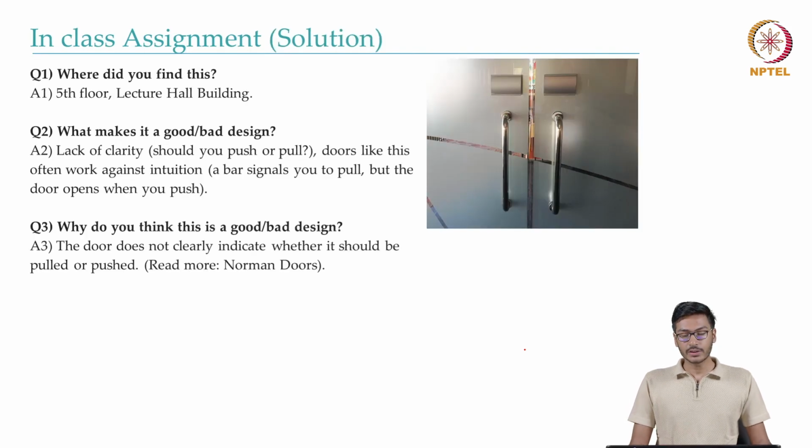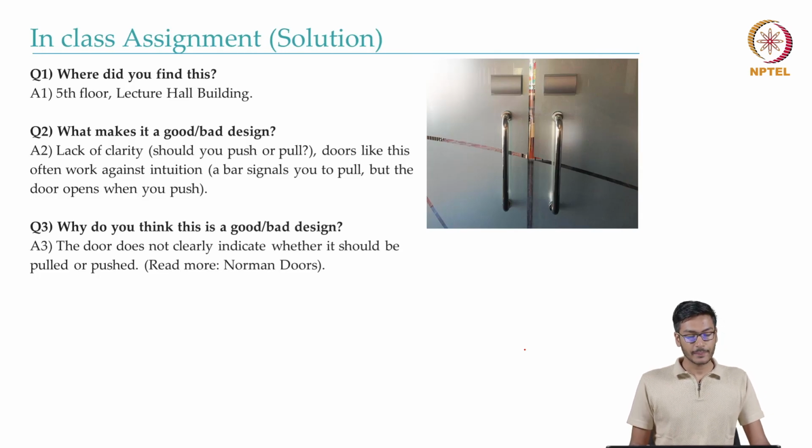Okay, now we come to the example solution for the same. As you can see, the doors don't have a clear sign for push or pull. We found the design on the fifth floor of the lecture hall building. It is a bad design because it lacks clarity whether one should pull or push.